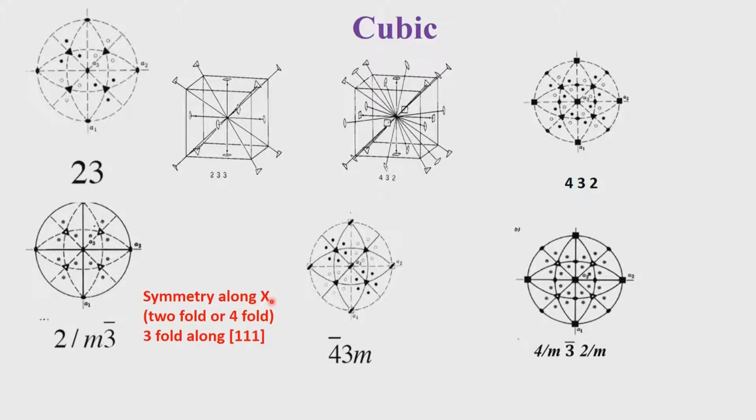Now, the fact that we get a 2-fold and a 4-fold along the x direction does not just stop there, because we have the following 3-fold symmetry here and a 3-fold symmetry here. Once again, you see there is a 3-fold symmetry and a 2-fold symmetry which comes along the 1, 1, 1 direction.